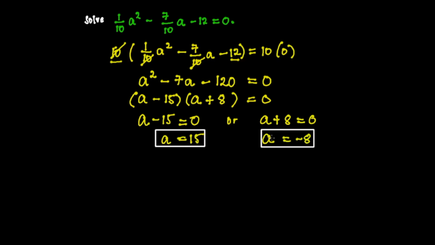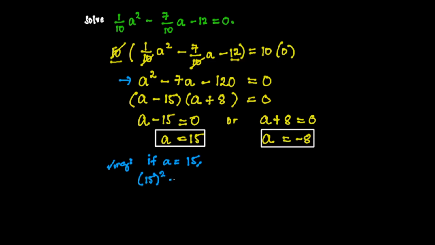To check if the two roots are accurate or correct, so we will be using the standard form of the equation. If a is equal to 15, okay, kunin natin yung standard form dyan. Ito yung standard form. Itong a squared minus 7a minus 120.